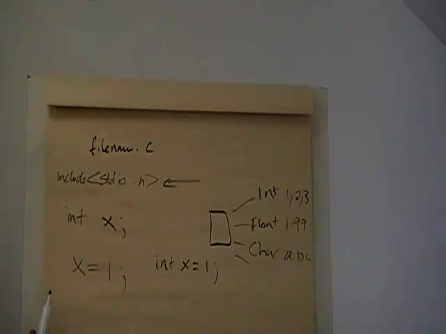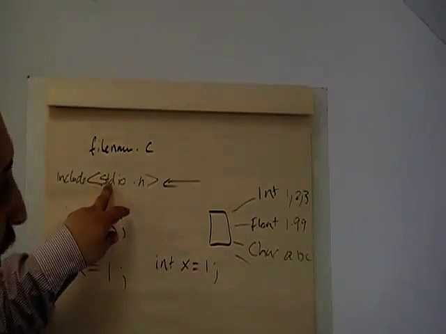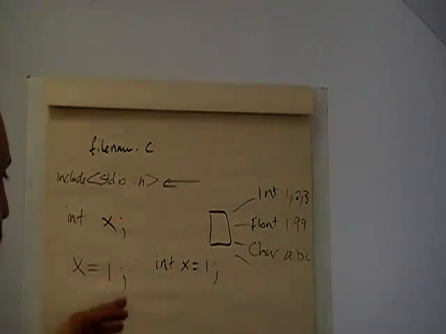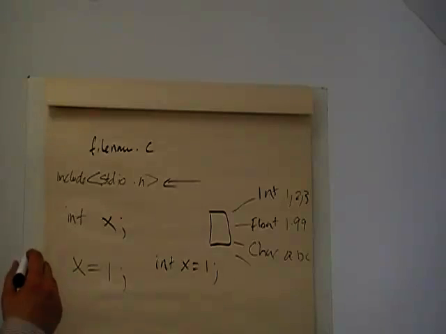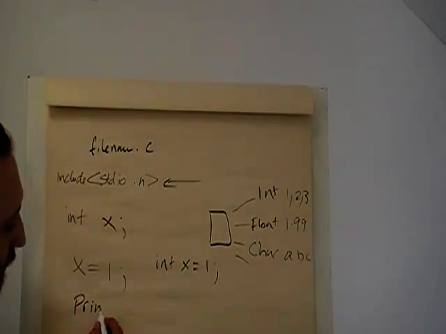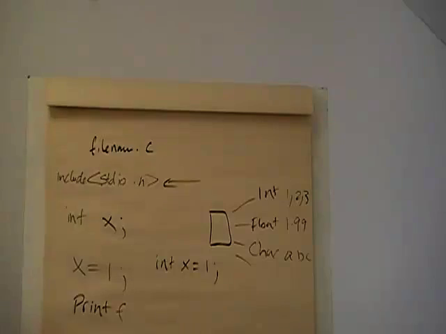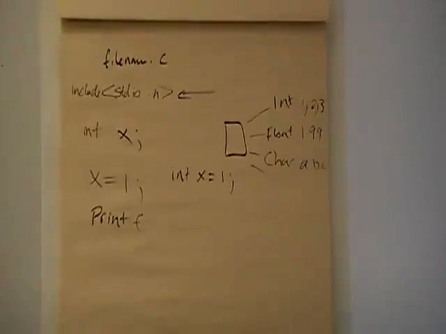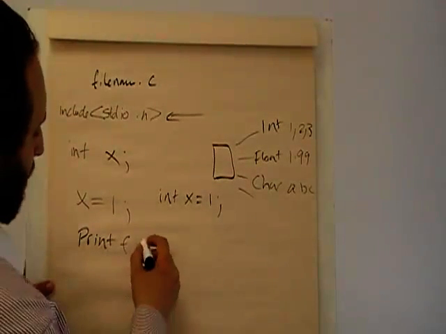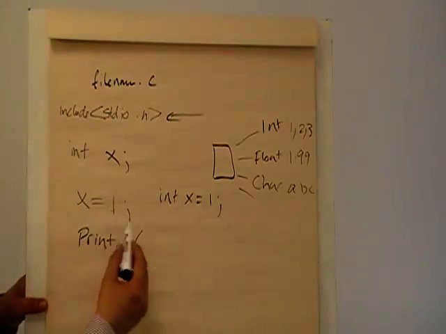The next thing that we want to bear in mind here is that we want to print something to the screen. Remember what I said about stdio? It gives us functions to print to the screen and to capture data from the keyboard, input and output. So likewise in the C language we have something called printf, all as one word. We're going to print something to the screen, and we're going to put brackets, and we can put x.